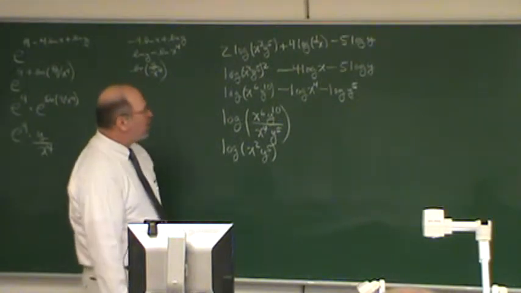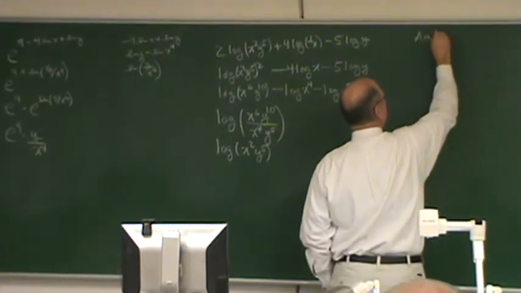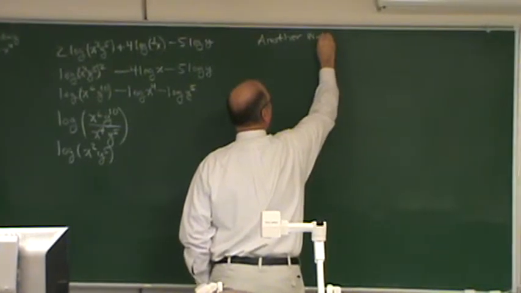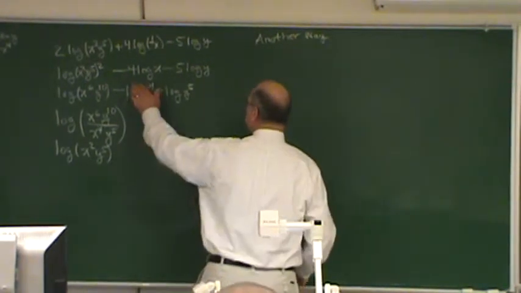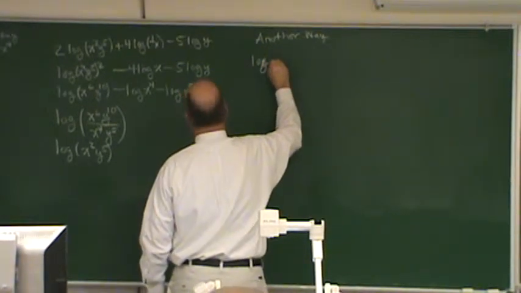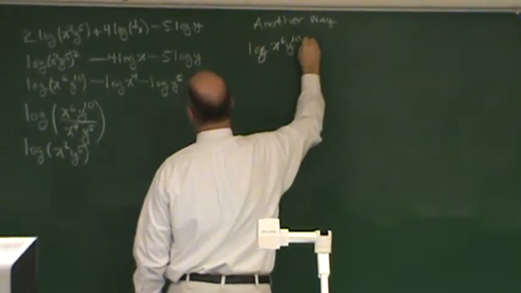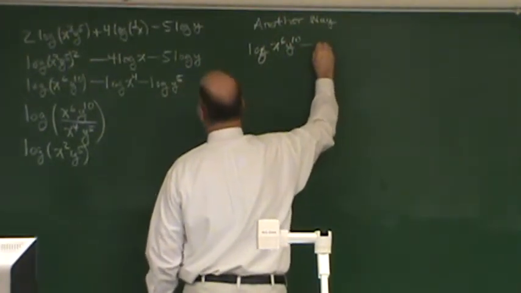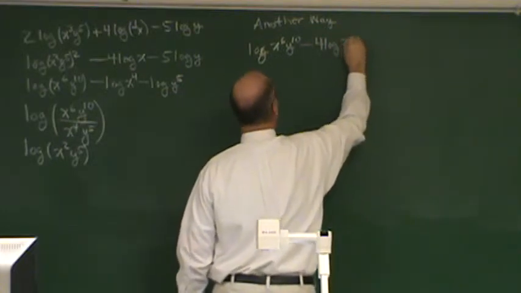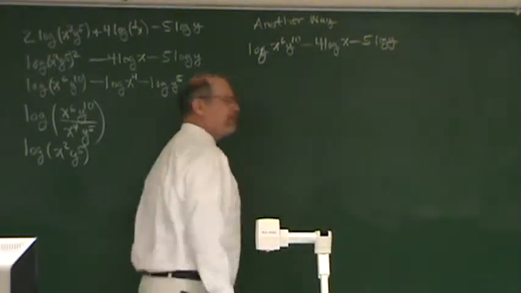Alright? Now, another way. I want to come back to this problem. We're going to write the log of x to the 6th, y to the 10th, minus 4 logs of x minus 5 logs of y.